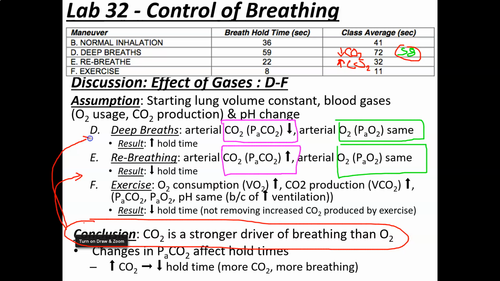And D, because we decreased CO2, didn't change oxygen, and breath holding time went up. The other thing is that CO2 is inversely proportional to breath holding time. The more CO2 we have, the less we can hold our breath. So that's the big take-home lesson there.